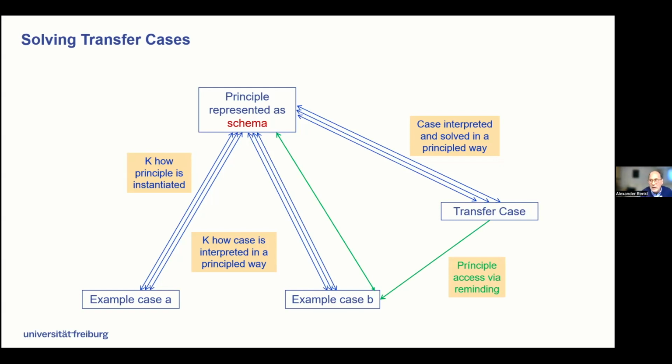But you have this advantage only if a lot of example cases are mapped to the principle. By the way, why are there 3 arrows between example case A and the principle? Because I want to say it's not that a student just knows that case A must somehow have something to do with the principle X, but that they can really explain in detail, with 3 arrows, what the mapping is between the example case and the principle.